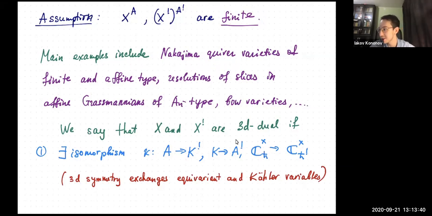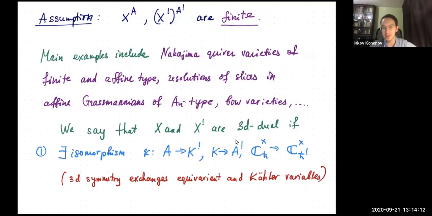This is not necessary, but working in more generality requires us to overcome significant difficulties, so let's focus on this case. It includes a lot of different examples, such as Nakajima quiver varieties of finite and affine type, resolutions of slices in affine Grassmannians of type A_n, bow varieties, and so on.